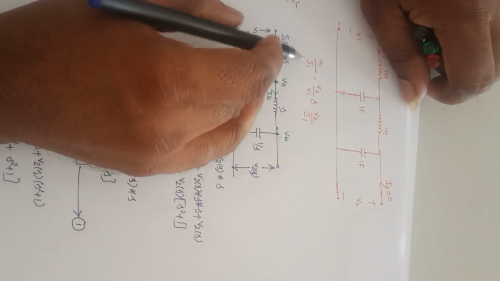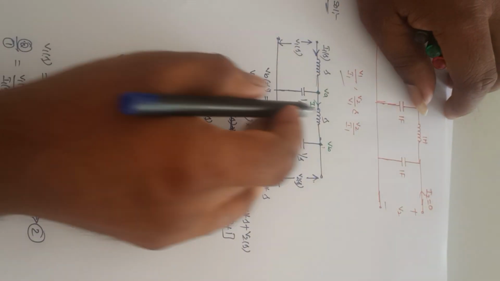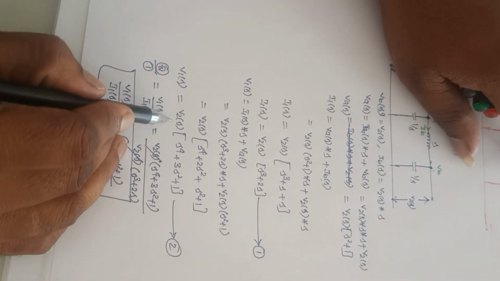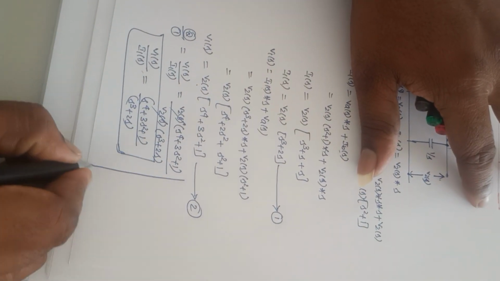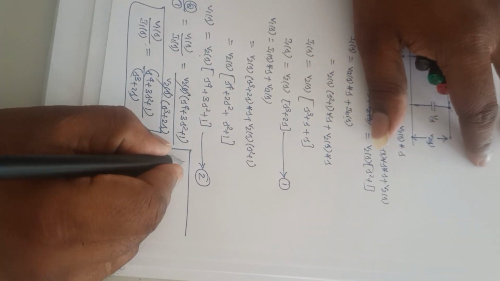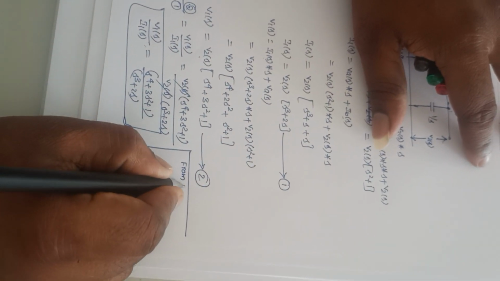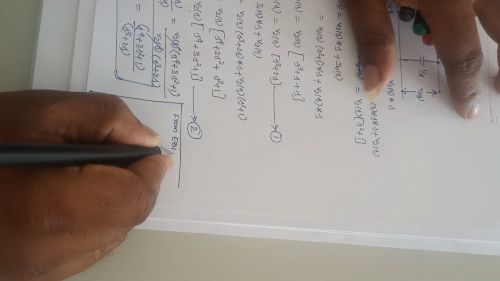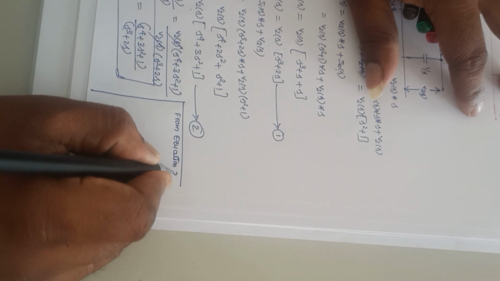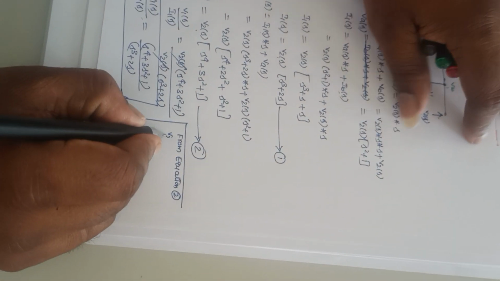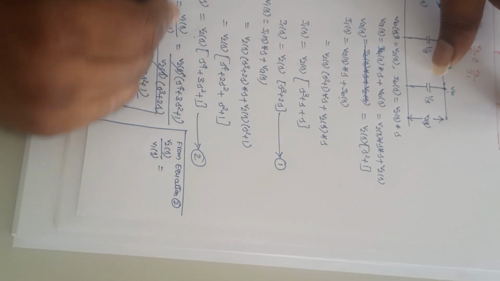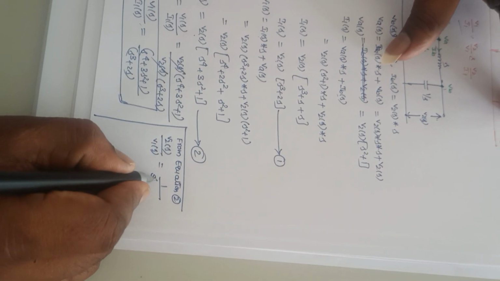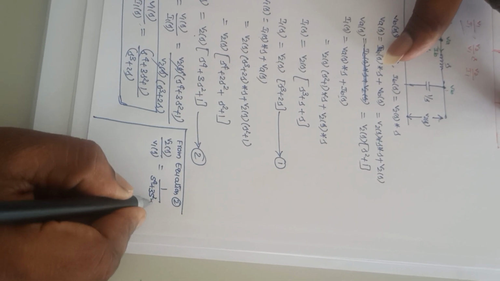This is the first one, V1 by I1. Next, V2 by V1. From equation 2, V2 of S divided by V1 of S is equal to 1 by S power 4 plus 3S square plus 1.